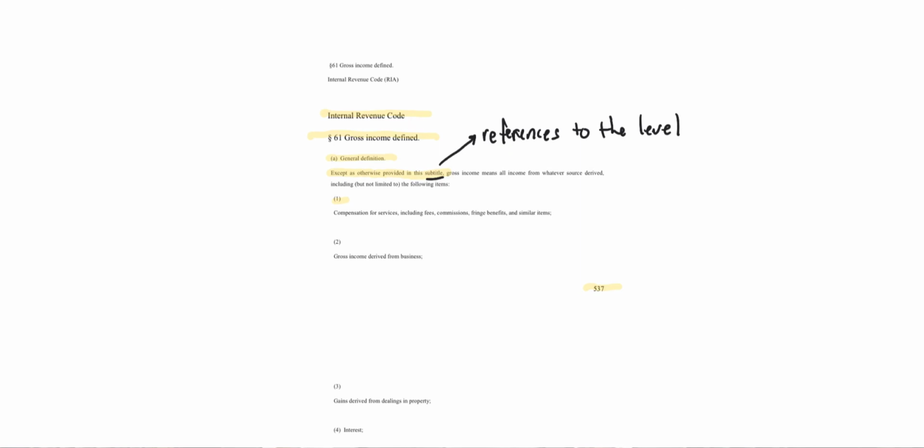And it says, gross income means all income from whatever source derived, and then including but not limited to the following items, and it gives a list of items. Okay? So remember that every code section has a tax treatment rule here, and you usually find it towards the top. And notice it says general definition, and it actually provides that.